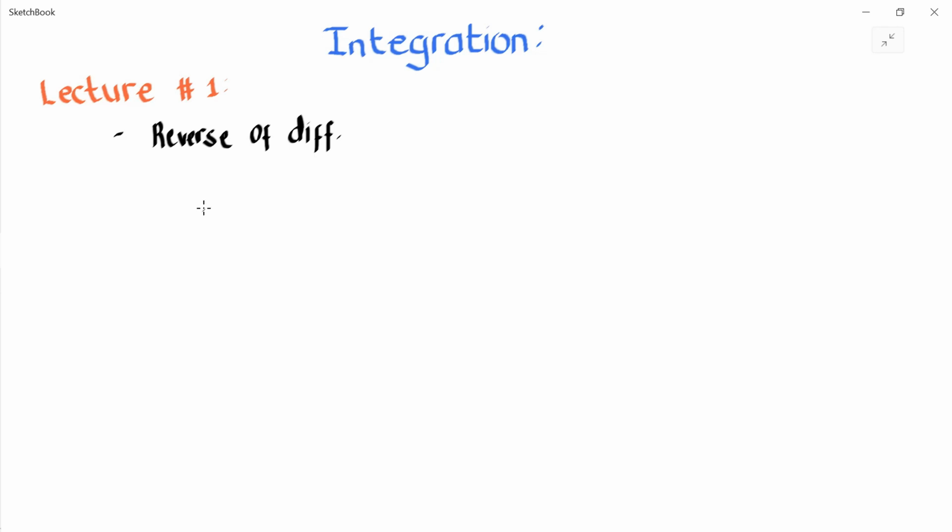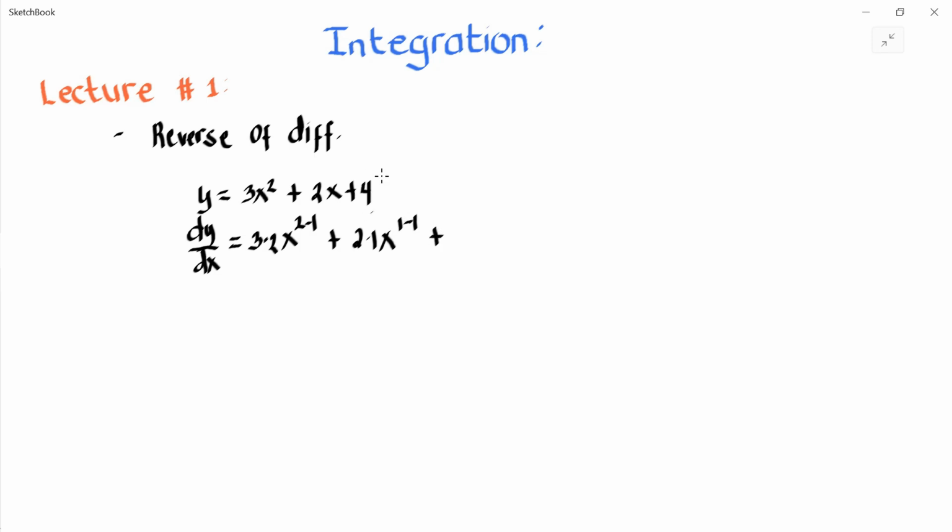Suppose a function y is equal to 3x squared plus 2x plus 4. When we differentiate this, we will get dy over dx, this is 3 times 2 x raised to 2 minus 1, plus 2 times 1 x raised to 1 minus 1, plus the derivative of the constant, plus 0, because the derivative of a constant is 0.